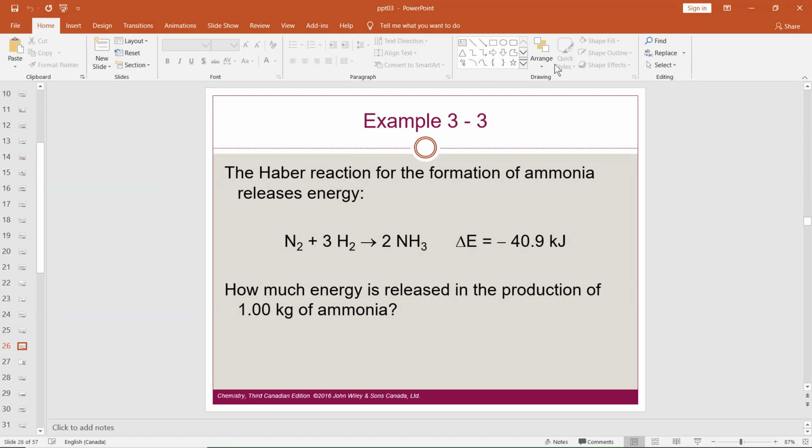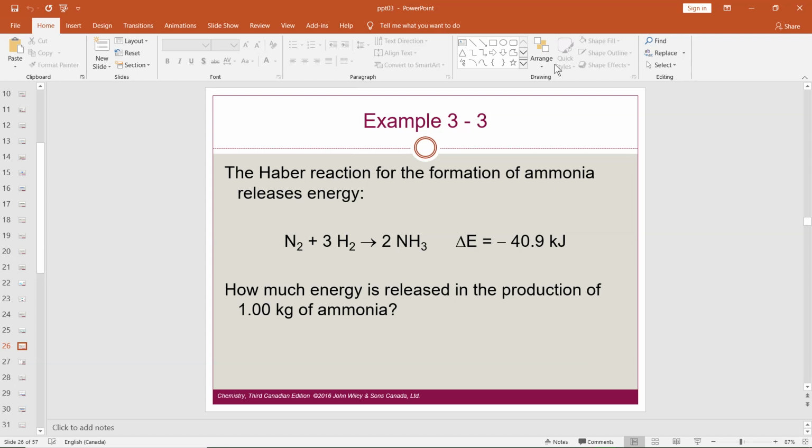So the Haber reaction for the formation of ammonia releases energy. There can be rearrangement of bonds, bonds breaking, bonds forming. Overall, an exothermic reaction happens because delta E is negative 40.9 kilojoules. Some of you will say that's not exactly the same as delta H. No, it's not, but it's close enough that you won't change the conclusion.